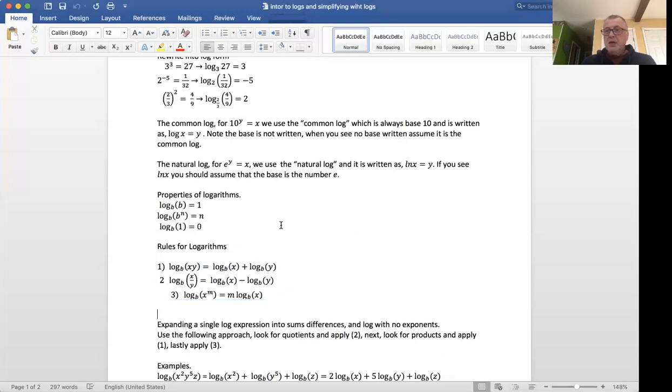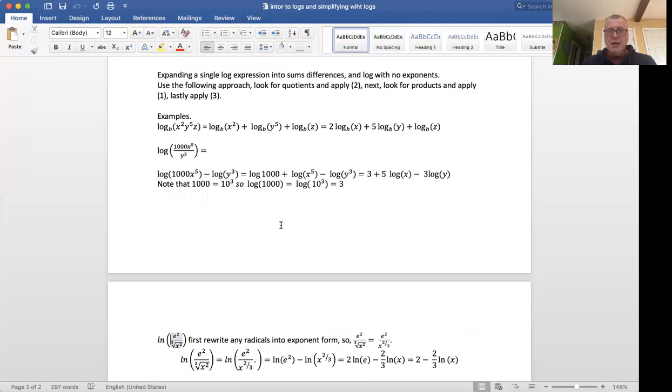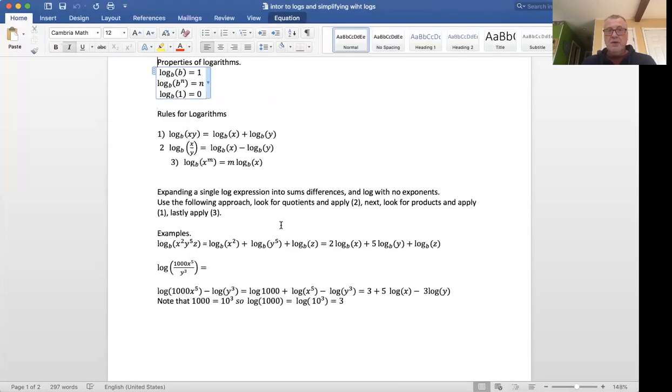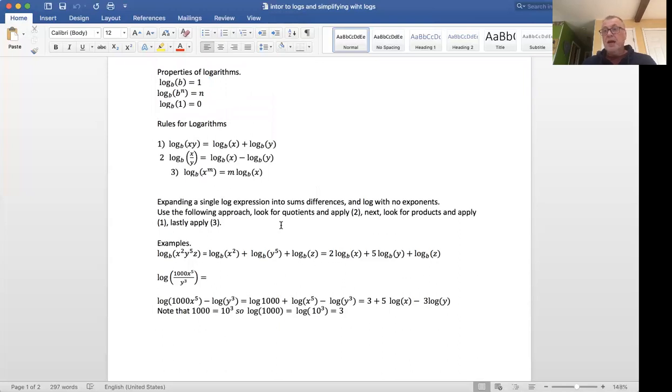You cannot take the log of 0. It's undefined. 0 is not in the domain of a logarithm, nor is a negative number. So in other words, I can't take the log of -3. That's not in the domain. The domain of a logarithm is always greater than 0.